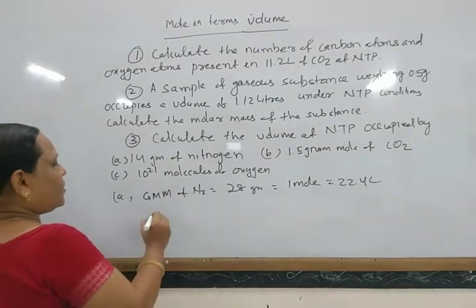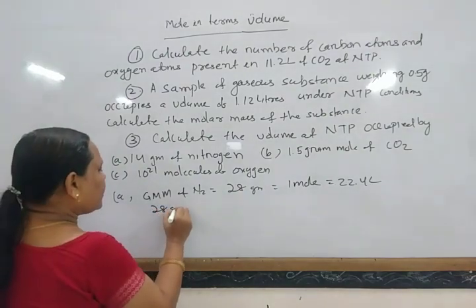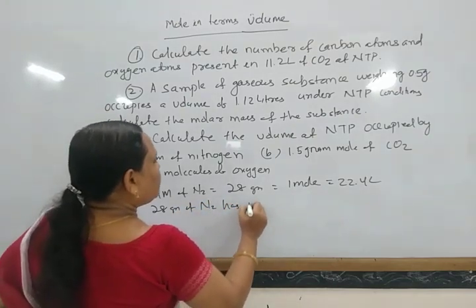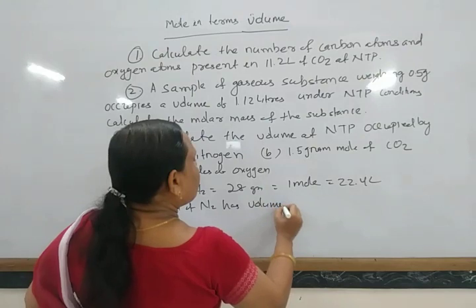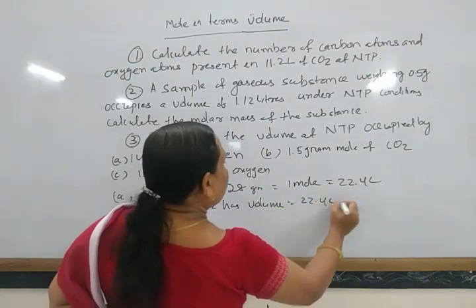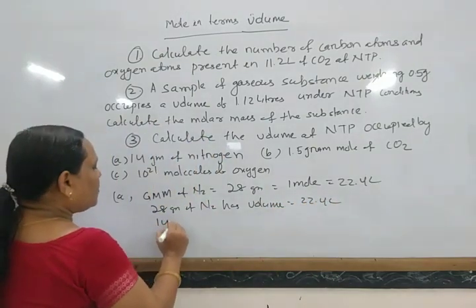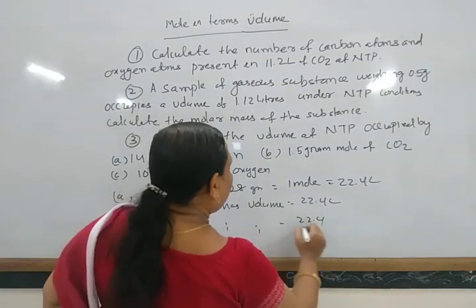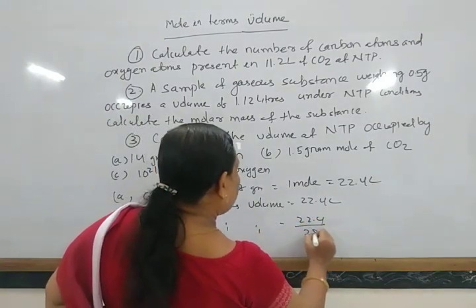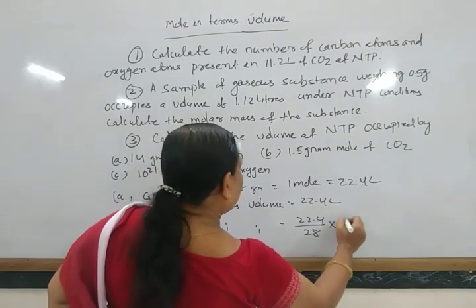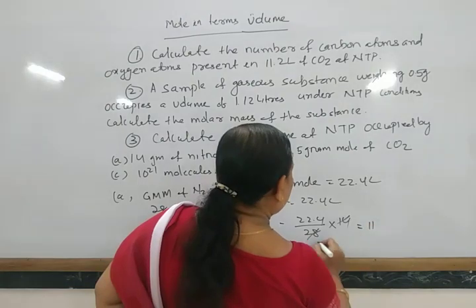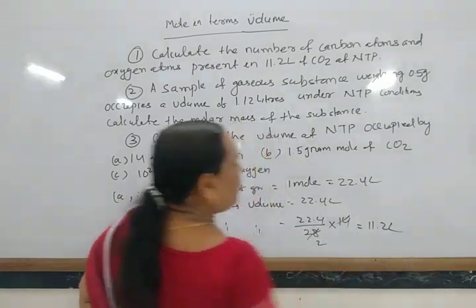So 28 gram of nitrogen has volume 22.4 liter. Then 14 gram of nitrogen has volume 22.4 by 28 into 14, so that is equal to 11.2 liter.